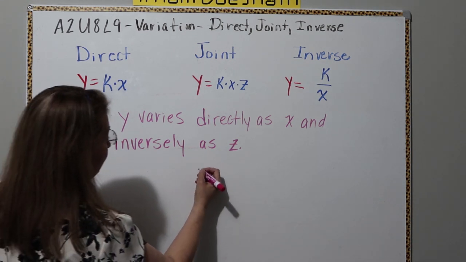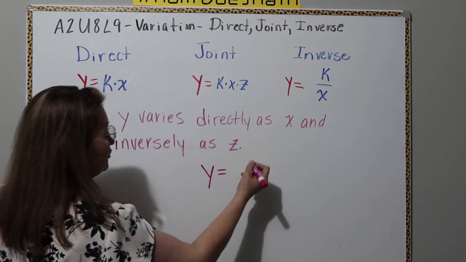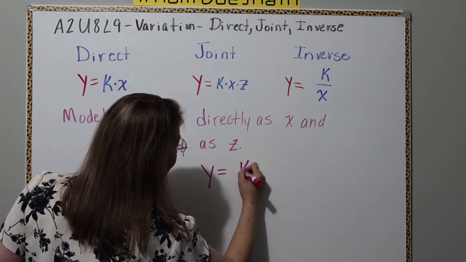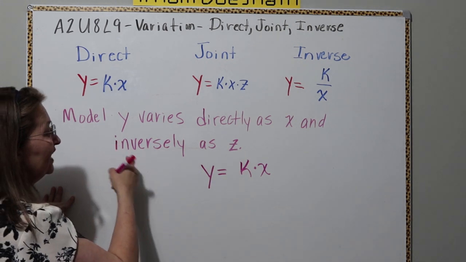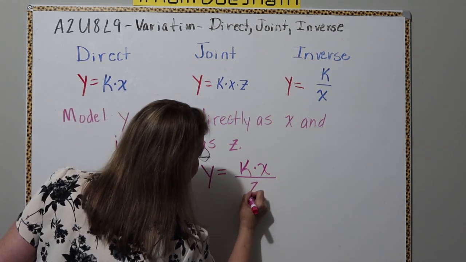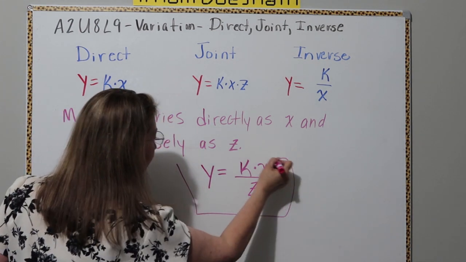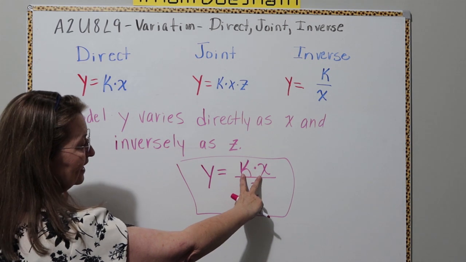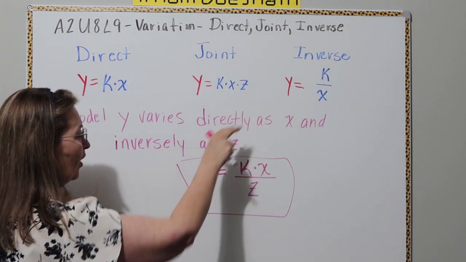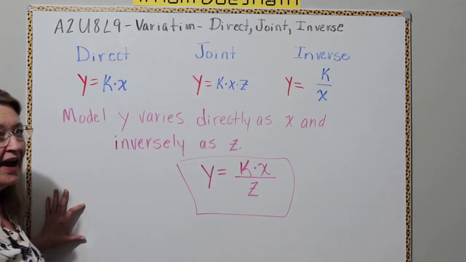So y varies directly means y equals k, your constant, times x, and inversely as z is just going to be divided by z. So this would be the model of y that varies directly as x, because as x goes up, y goes up, but inversely as z, because it's divided by the z.